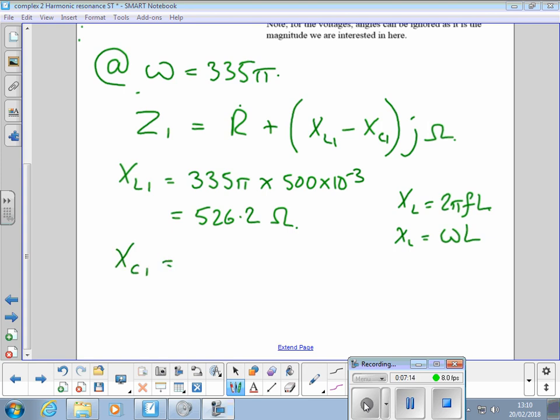XC1 is 1 over 335 pi times the capacitance, 0.2 times 10 to the minus 6 farads.